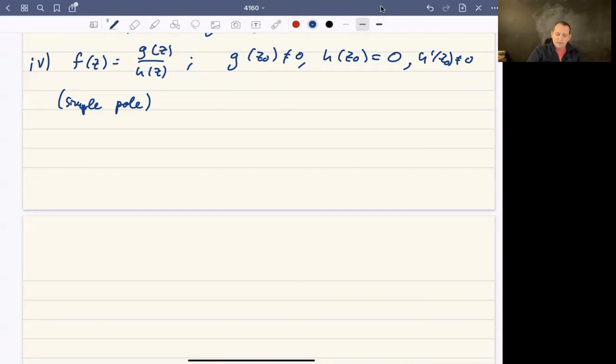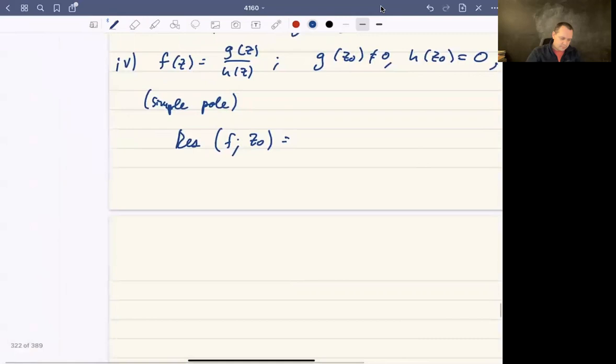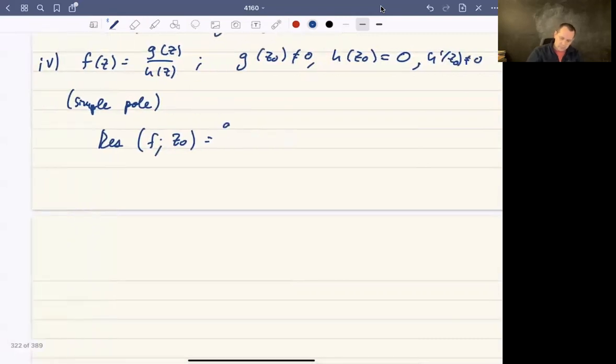And what's going to happen here is that our formula for computing the residue of f at z naught is just going to be g of z naught over h prime of z naught.